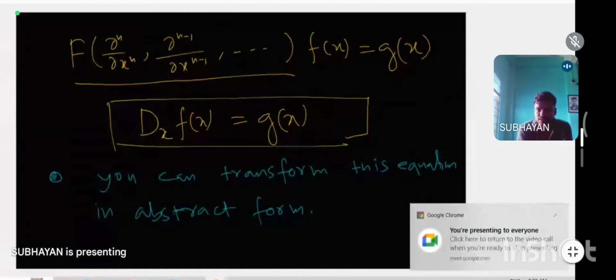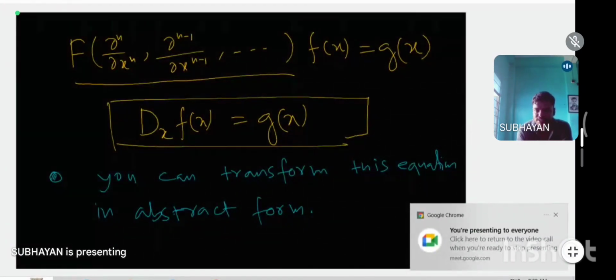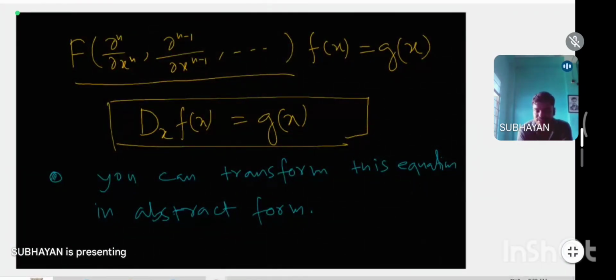Now try to represent this equation, dx of fx equal to gx, in terms of abstract notation. I am denoting the abstract notation operator as dx cap.